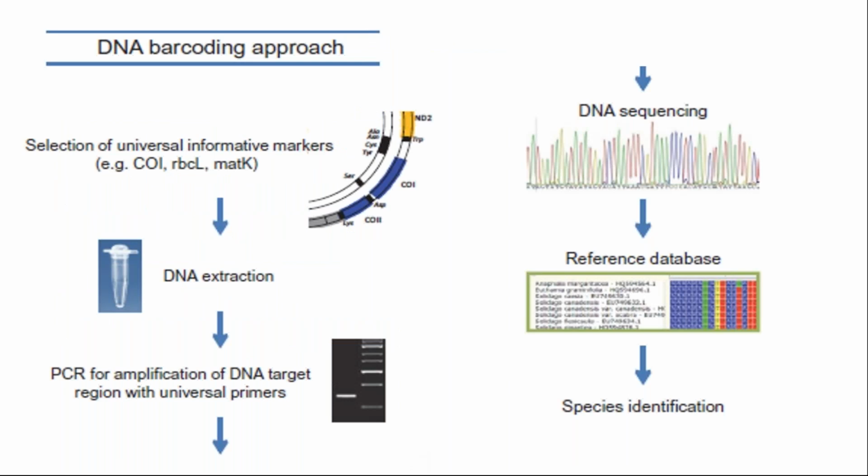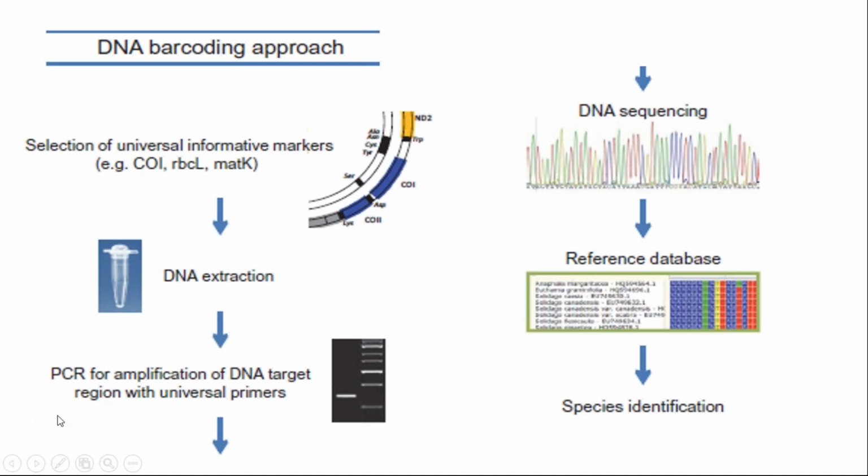Then PCR is also used for the DNA barcoding approach. The DNA barcoding approach is to give a barcode for every plant or every organism. So what we do is we select universal markers, and you extract the DNA.